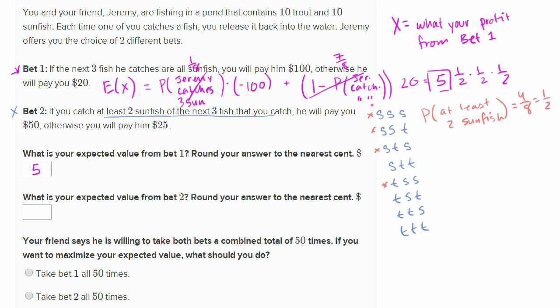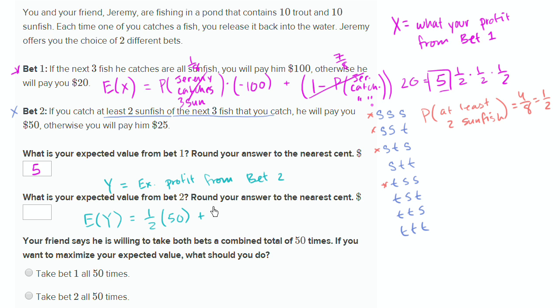So let's see, what's the expected value? Let's say Y is the expected profit from bet 2. This is another random variable. So the expected value of our random variable Y: you have a 1/2 chance that you win, so a 1/2 chance of getting $50.